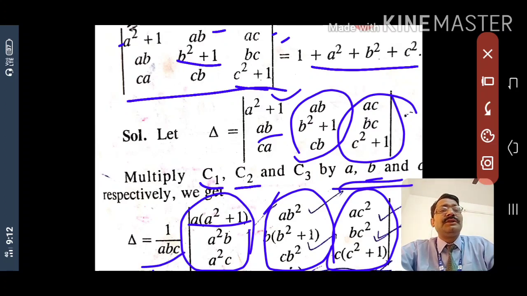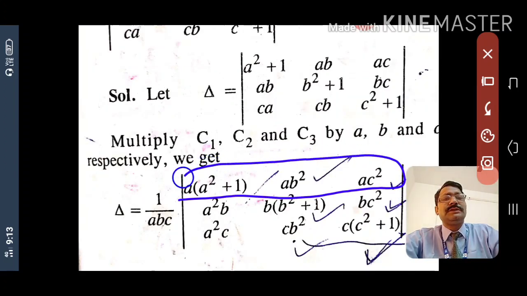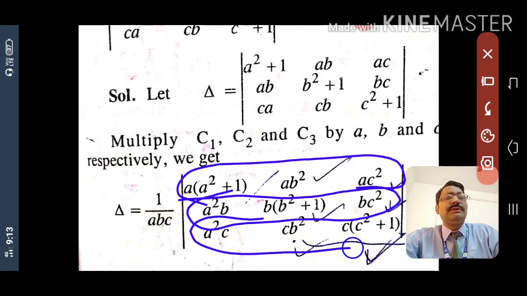Now you multiply these c1, c2, c3, means you have to write outside 1 upon abc also to keep the determinant equivalent. Otherwise the whole determinant is multiplied by this. So if we want that there is no change, you have to put outside this 1 upon abc, and inside you will multiply. First row you take common a, second row you take common b, and third row you take common c.